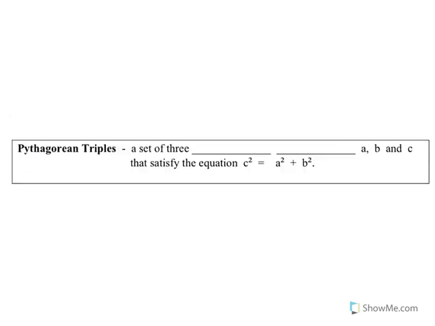So Pythagorean triples. Triples means 3, so this is going to be a set of 3 positive, so in the first blank we want to put positive, integers.